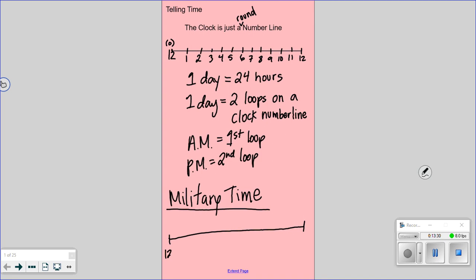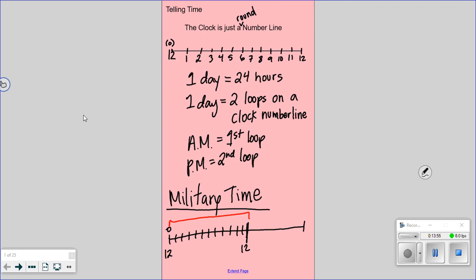Their time starts at 12, which is a 0. It also goes 1, 2, 3, 4, 5, 6, 7, 8, 9, 10, 11, 12. This is our first loop. What do we call our first loop?